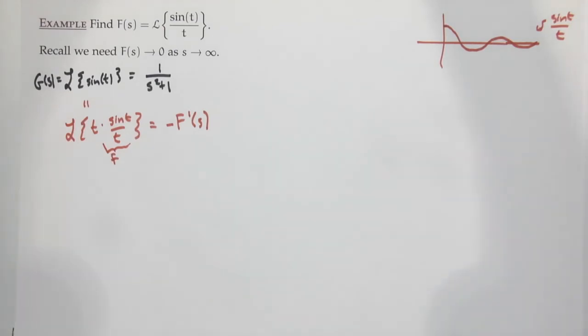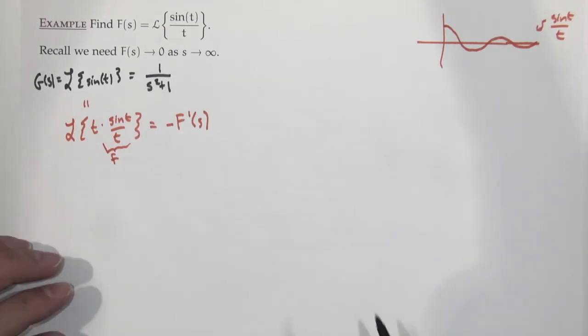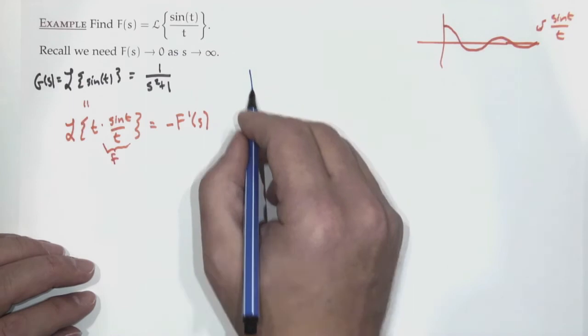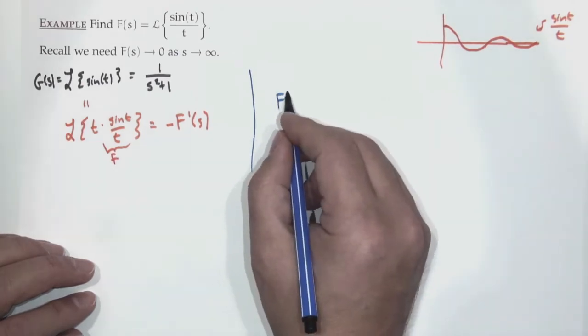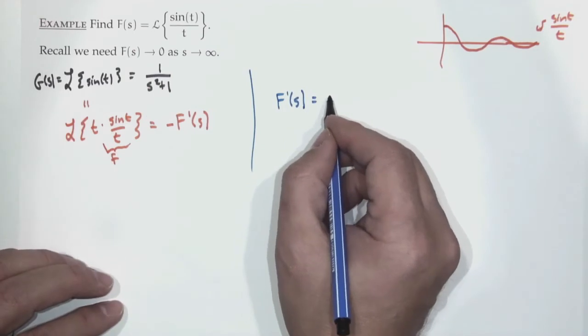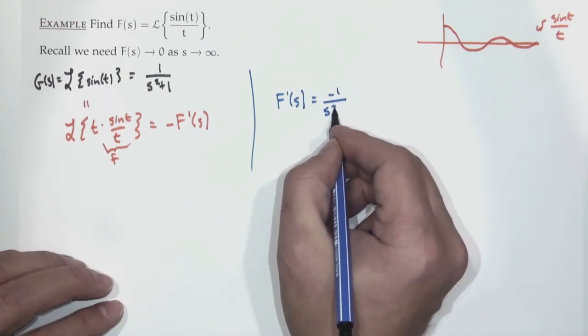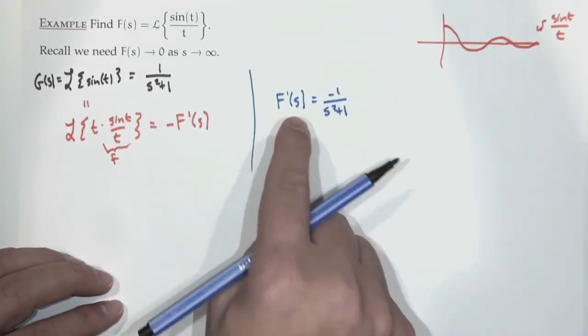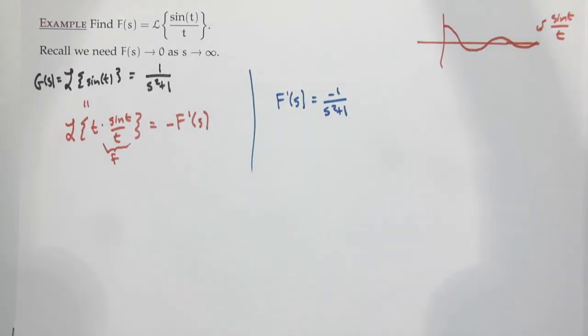So let's rewrite this. This tells us that our answer, f prime of s, I'll move the negative across, is negative 1 over s squared plus 1. Now, I don't want f prime, I want f. So how do I go from f prime to f? Okay, take an integral.